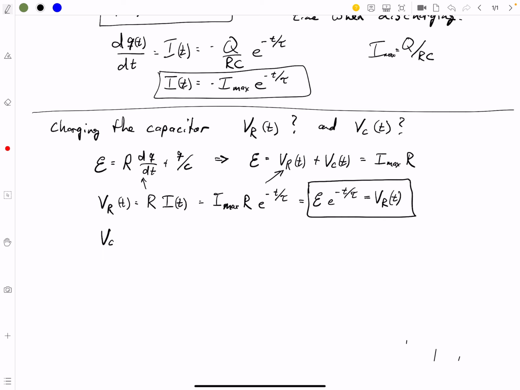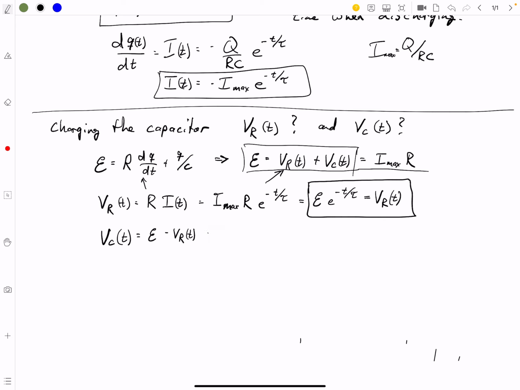What is VC as a function of time? Well, here's a nice little trick. We can take this part of the equation, and we just say VC of t equals our EMF minus our V of R as a function of time.